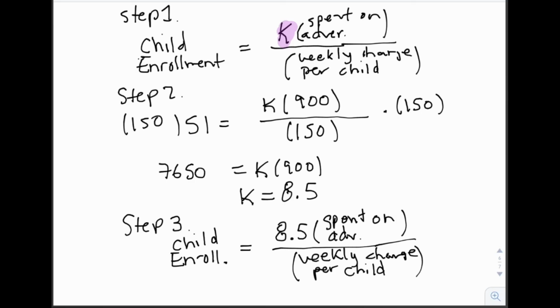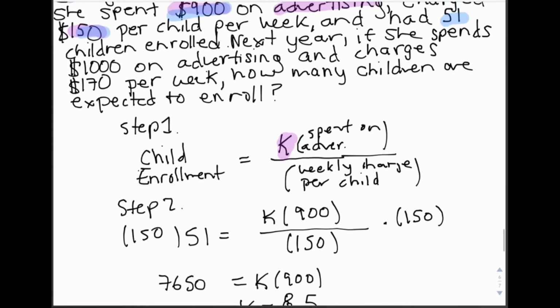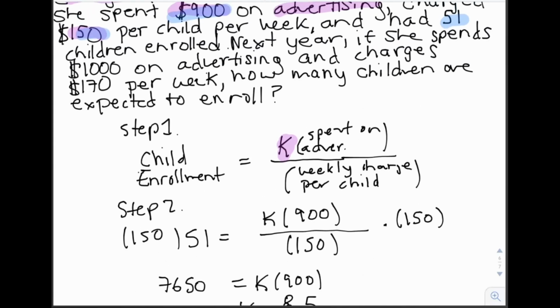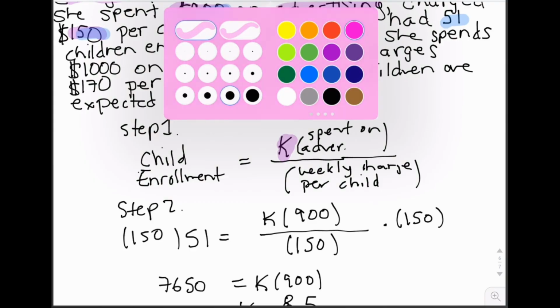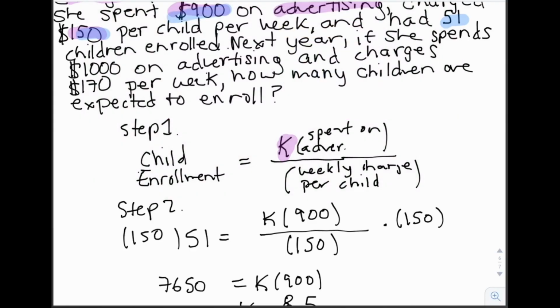Now that we've completed step 3, we can combine step 4 and step 5: substitute our second set of values, and then find our unknown. Our second set of values is that she spends $1,000 on advertising and charges $170 per week, and we want to figure out how many are expected to enroll.